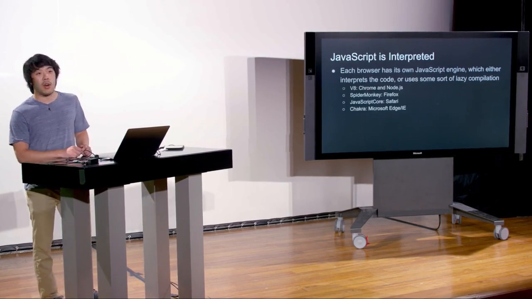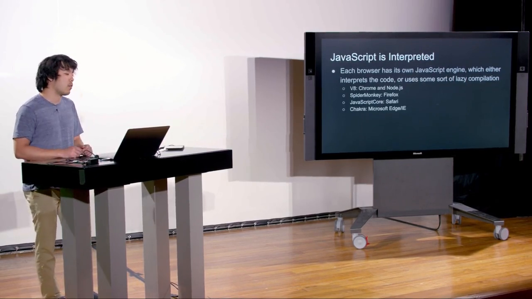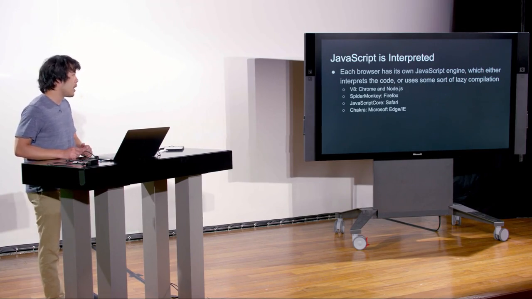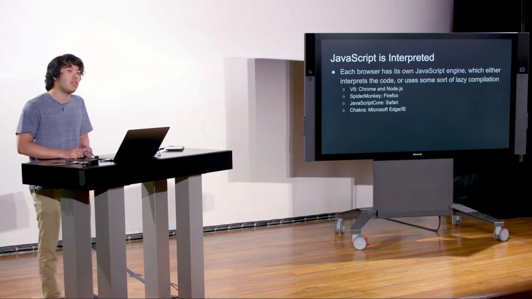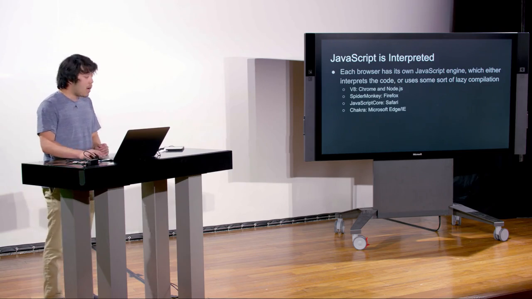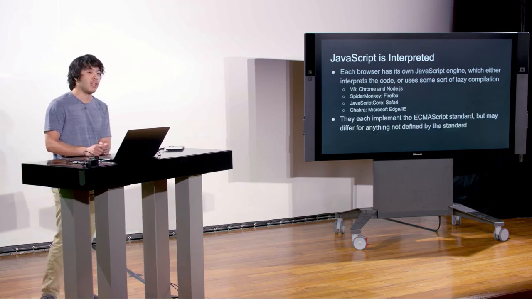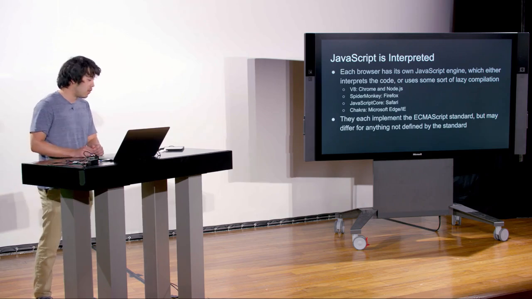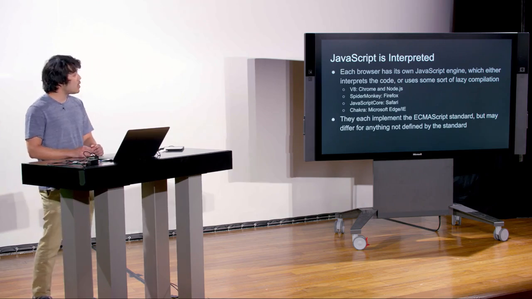Each browser actually has its own engine, and they're named. So Chrome is called V8. If you've heard of Node.js at all, it also uses that same V8 engine. Firefox has SpiderMonkey. Safari has JavaScriptCore, Chakra for Microsoft Edge and Internet Explorer. You don't really need to know these names, but it's a little bit important just to know that different ones exist. Because JavaScript actually is built off of a standard. The standard is put out by ECMA, which stands for the European Computer Manufacturers Association.